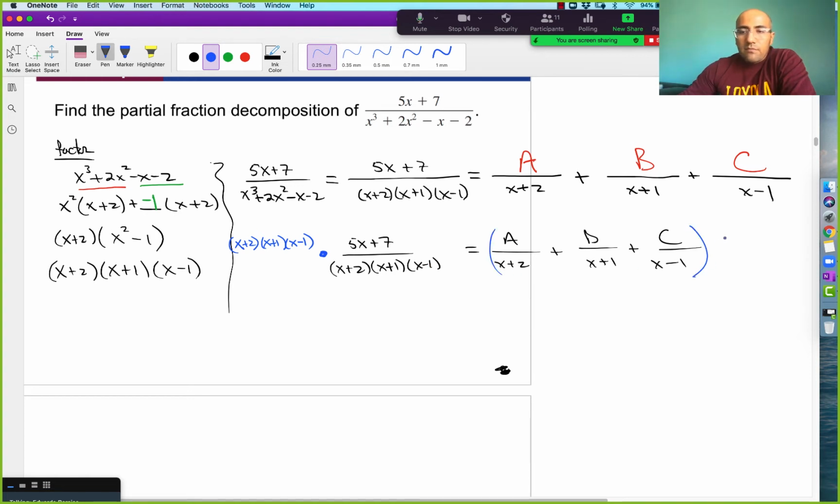I'm going to do the same thing on the right-hand side, multiplying all of it by (x + 2)(x + 1)(x - 1). So on the left-hand side, everything cancels, leaving me with just the 5x + 7.